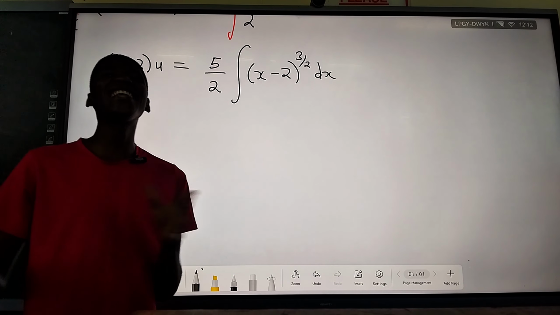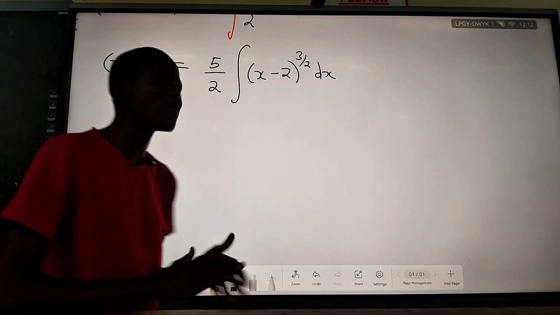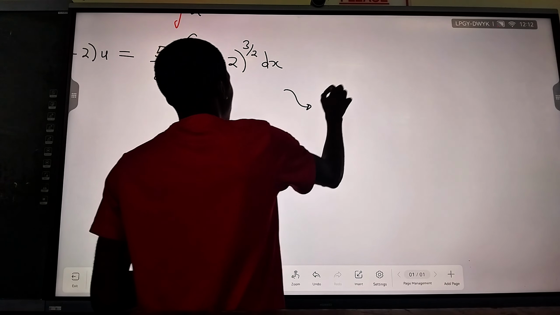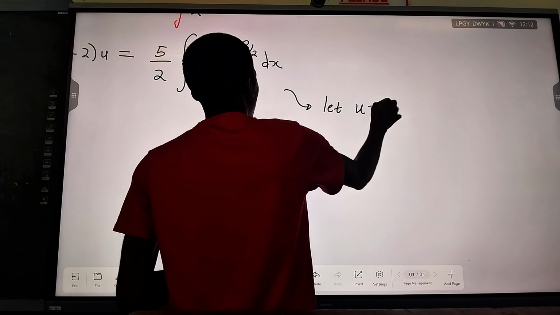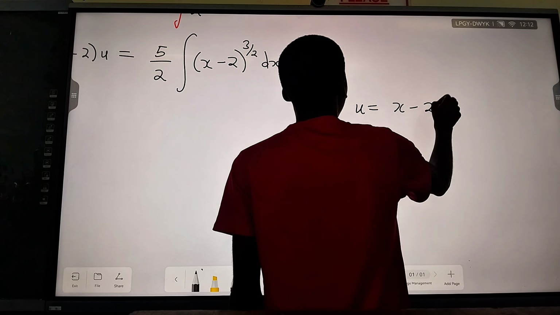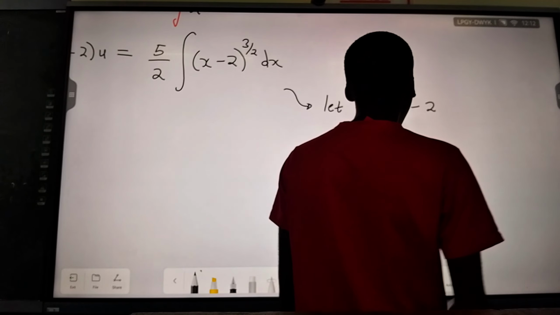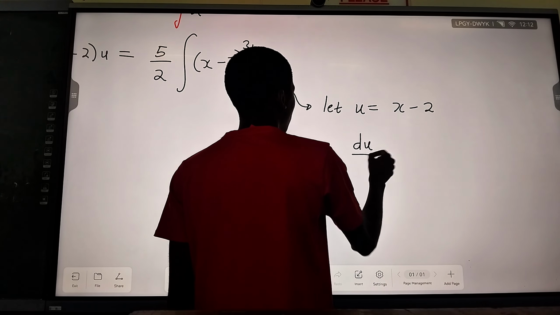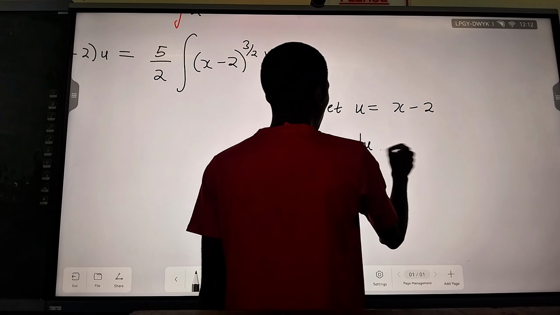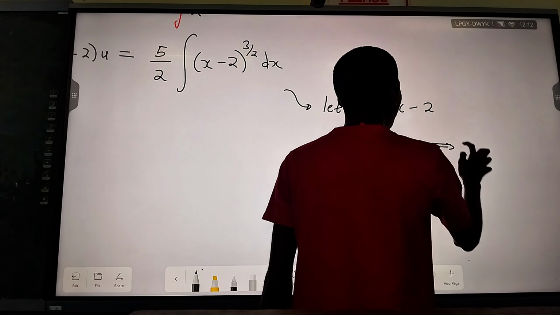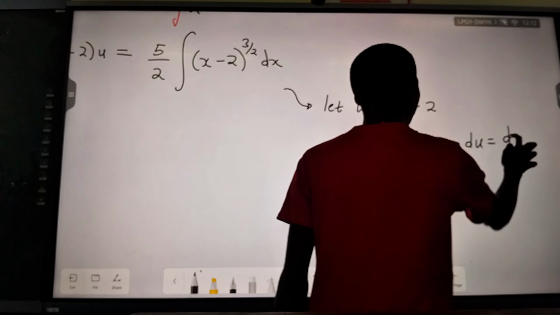I'm just doing it the Calculus 2 way, the standard way, so don't get surprised. Let u be x minus 2 again. Then what is going to be your du/dx? du/dx is 1 again. So essentially du is equal to dx.